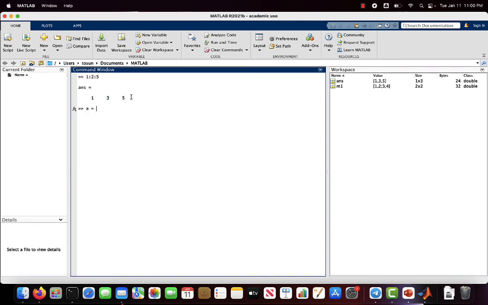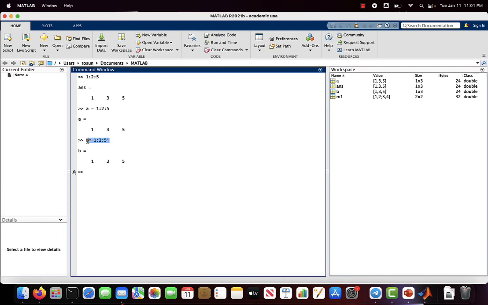Let's say A equals 1:2:5. Right now, as you can see in the workspace, A is 1 by 3, a row matrix, which is a row vector. What if I use 1:2:5, but this time with a transpose? What will be the result? The result doesn't change. Why? Because Matlab used the precedence table.